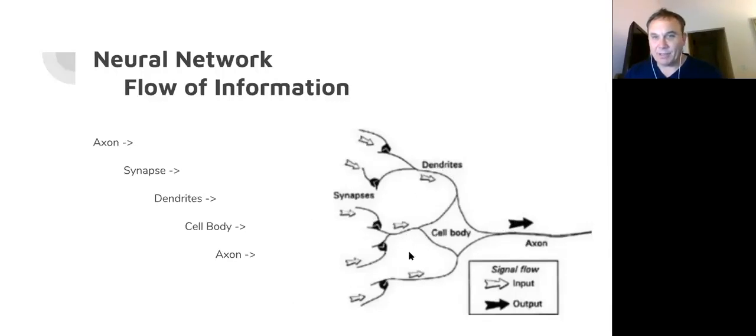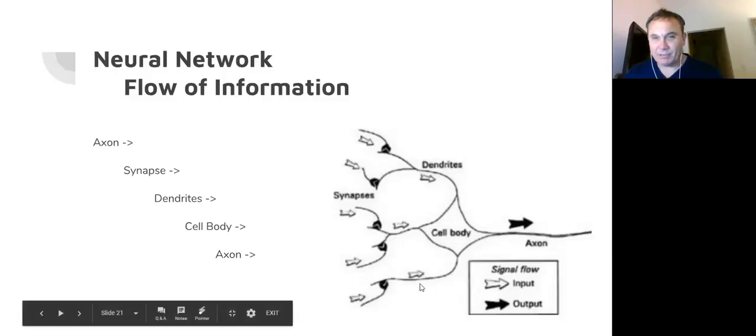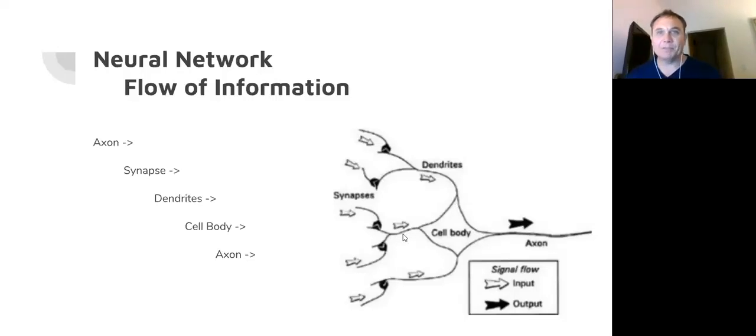Coming into it are dendrites, which are basically wires; information flows through these into the cell body. When I say information, I mean chemicals and electrical potentials, much like a wire, but much slower. You have electrons moving, just not at the speed of light, which is what would be electrons going through a wire.